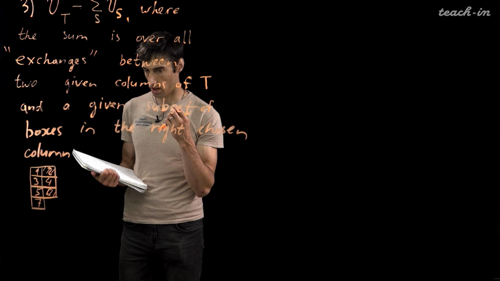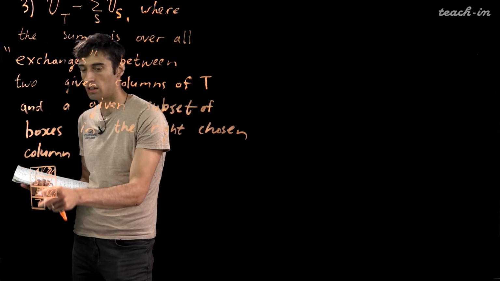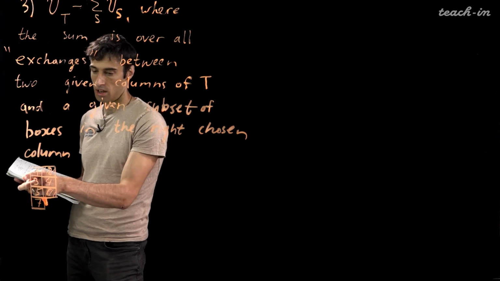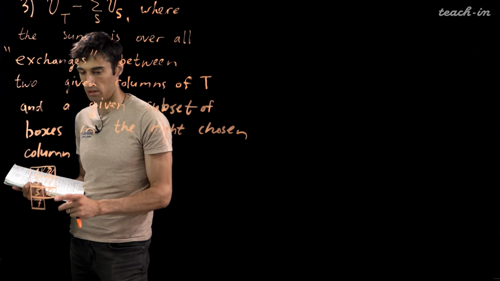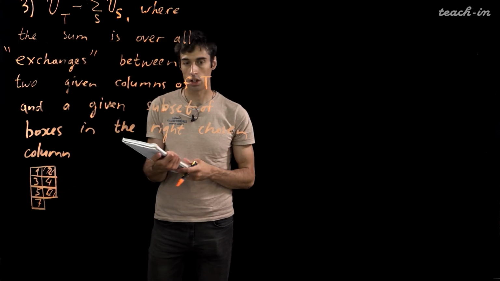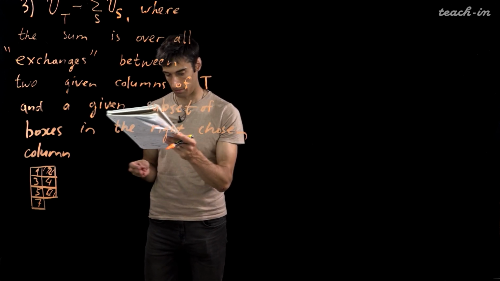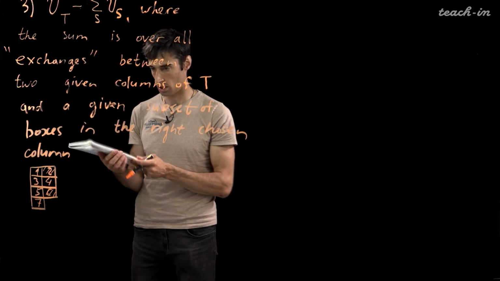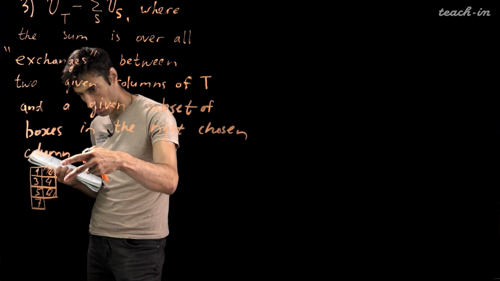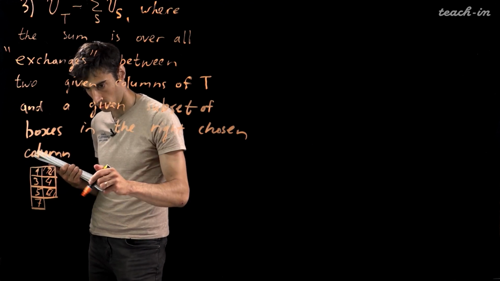Then an exchange is when I choose any two boxes from the left column, say 3 and 7, and interchange it. But I need to interchange keeping the order. So 2 should be on the top and 6 on the bottom.